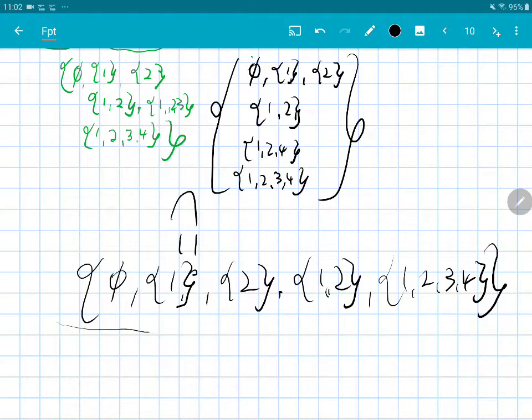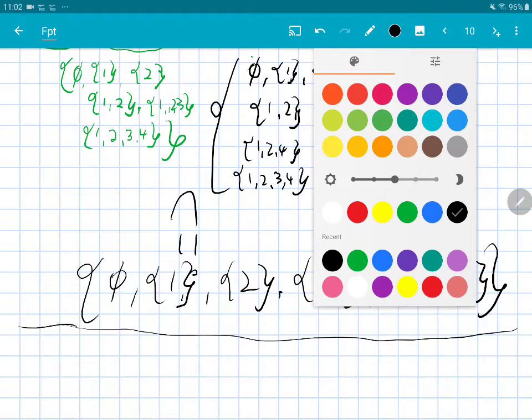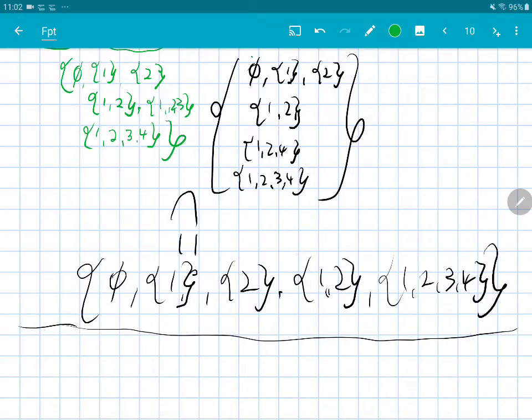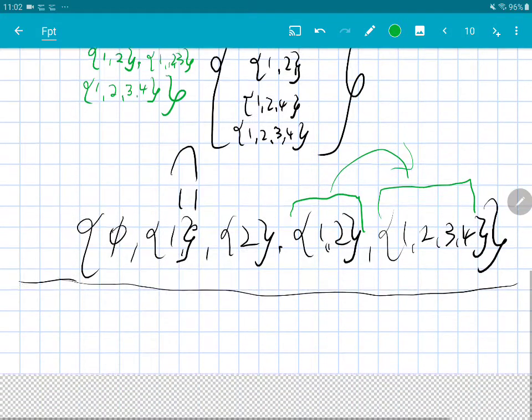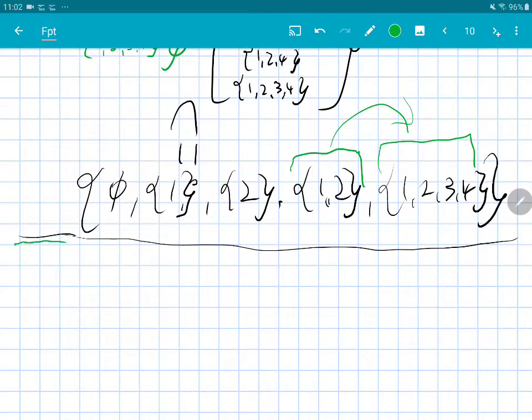And this set is of course not a matroid because the exchange property fails. There is no way to go from this set to this set by adding only one element. There is no climbing. So as such, this is not a matroid. So matroid intersection sucks. It's not a matroid.